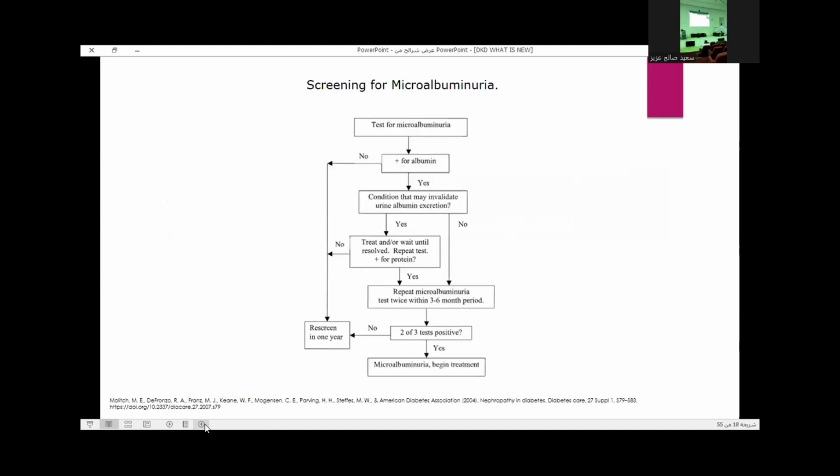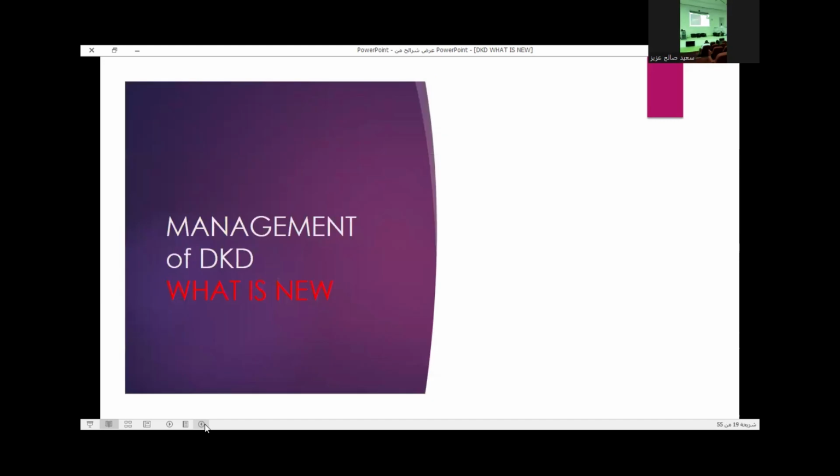When we test for microalbuminuria, we cannot say the patient has microalbuminuria from one test only. We need to rule out transient microalbuminuria in these patients. To confirm the diagnosis, we usually need 2 out of 3 positive tests, done within 3 to 6 months. After that, we can confirm the diagnosis.